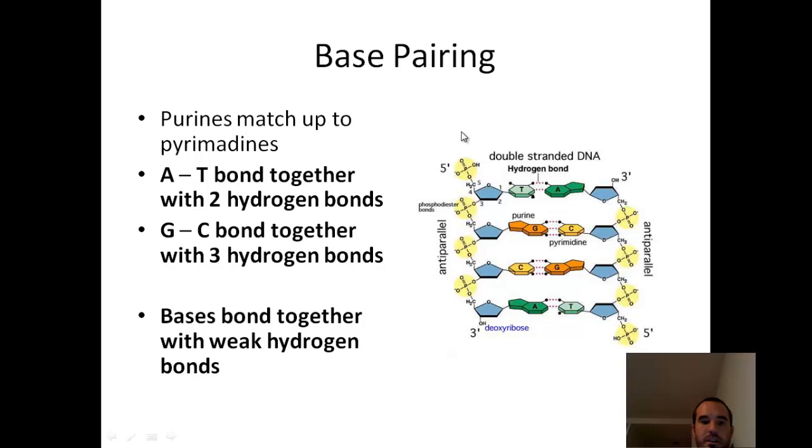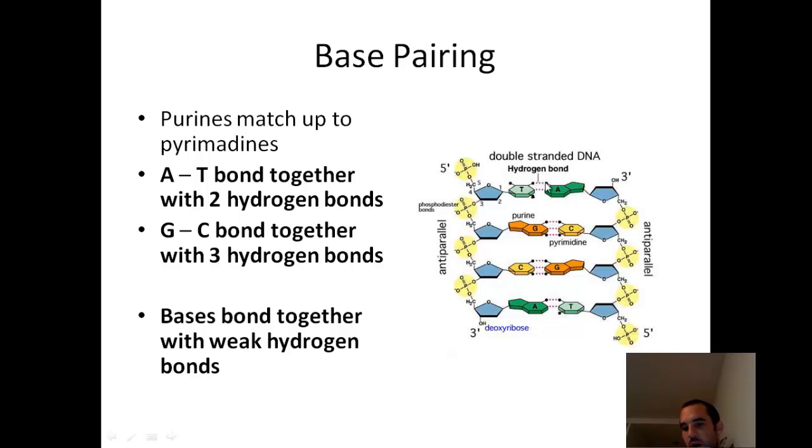Now, to make it a little bit confusing, purines match up to pyrimidines, and A and T bond together with two hydrogen bonds. So here's our T and our A coming together, two hydrogen bonds linking them together. G and C bond together with three hydrogen bonds. These weak hydrogen bonds hold the DNA molecule together at the center.